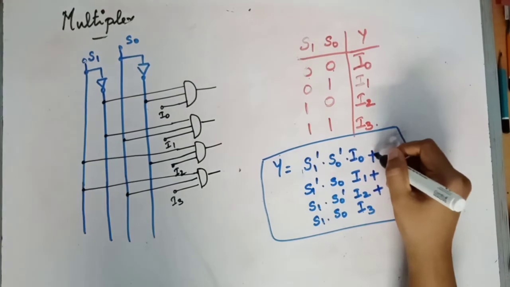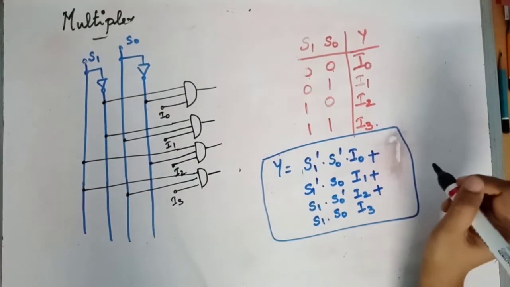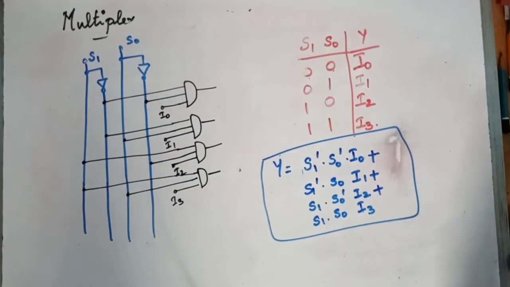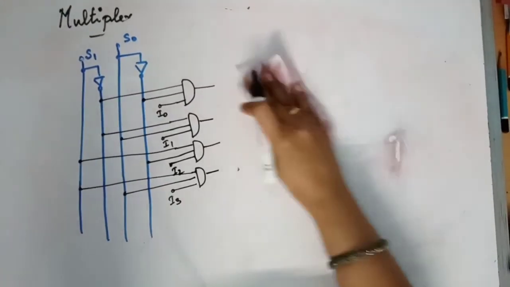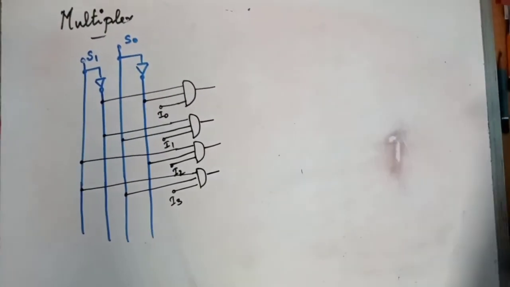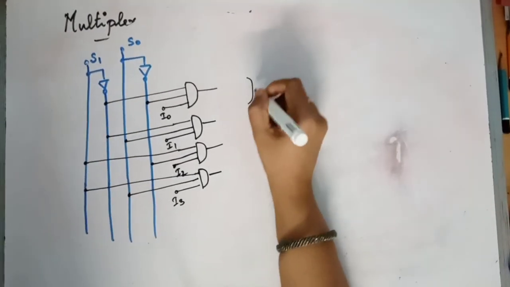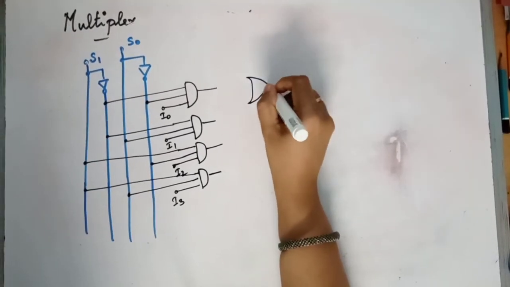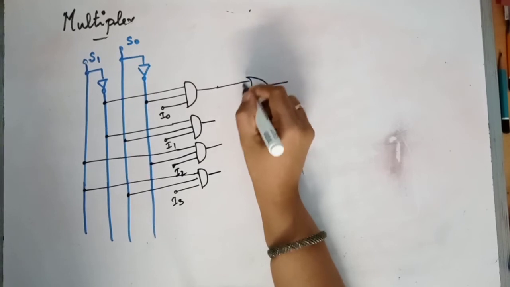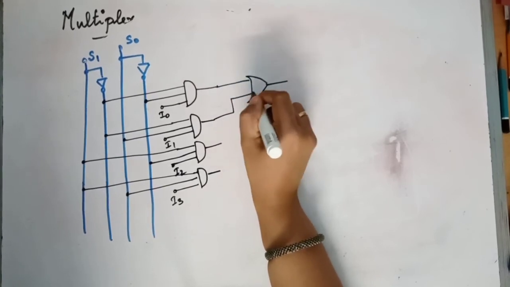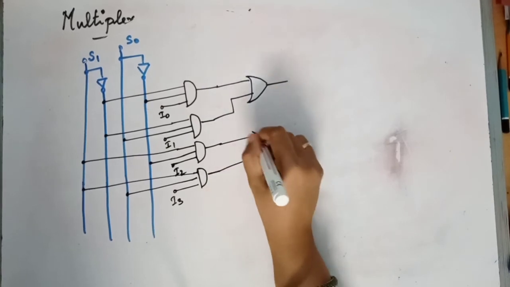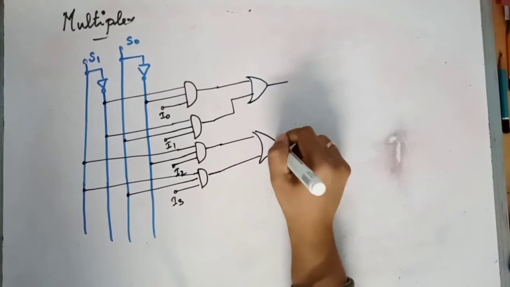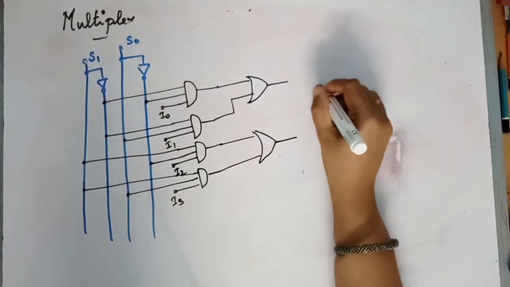So OR all these. Since you don't have a 2 input, 3 input or 4 input OR gate, you can use a 2 input OR gate, and another 2 input OR gate here and another OR gate here.